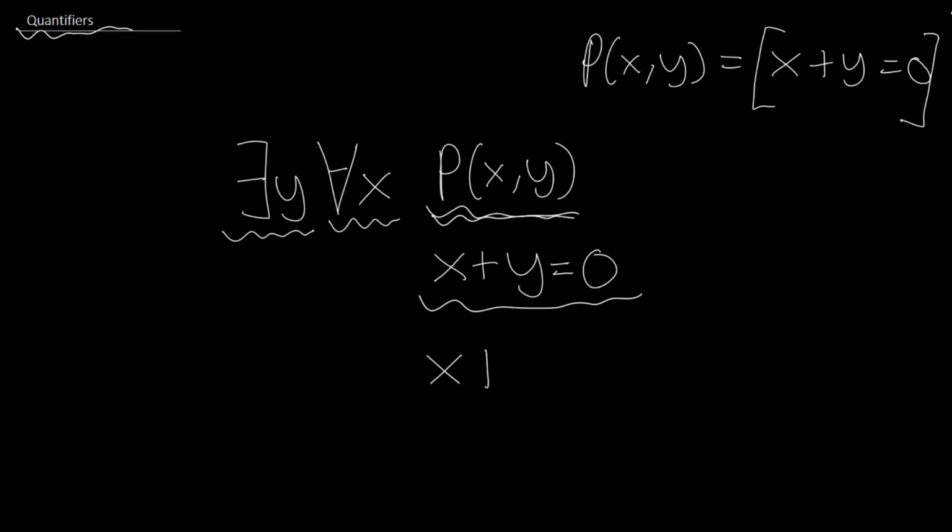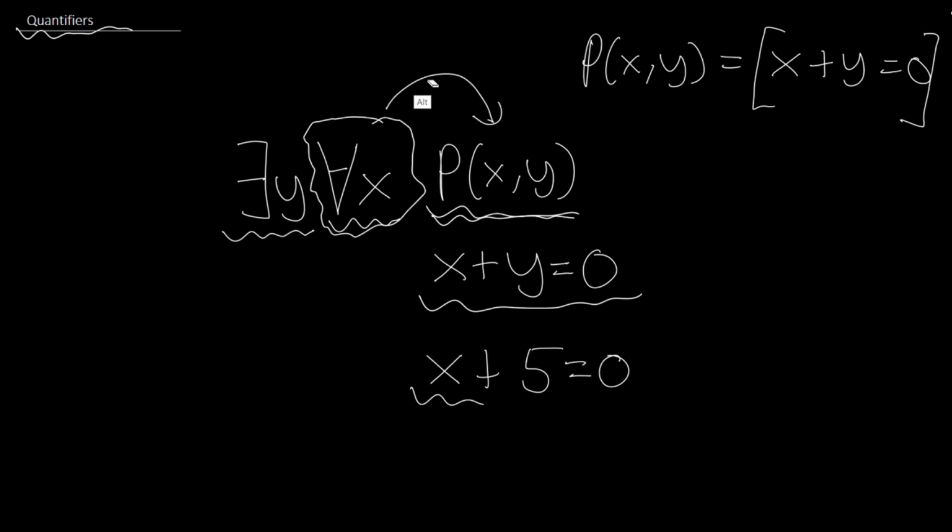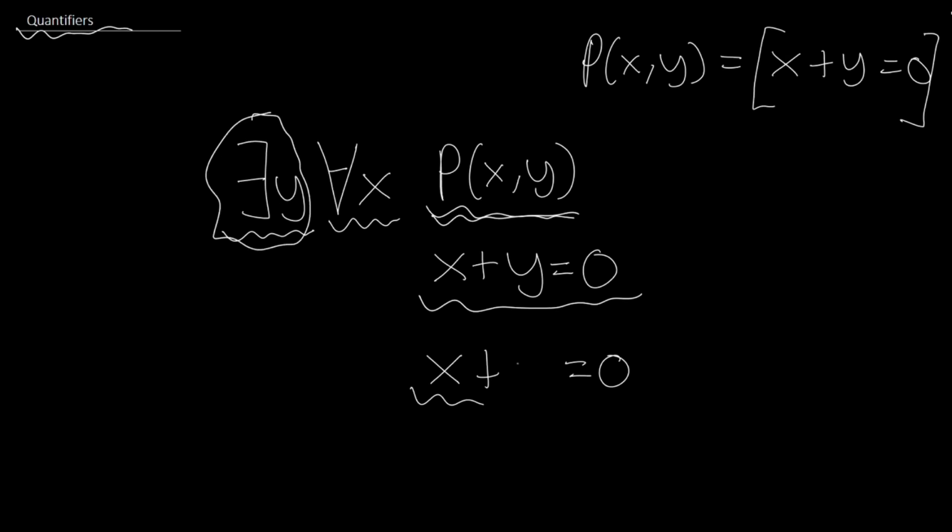Like, let's say we pick a y value like 5, then there's only one value of x that works, while this one asserts that all values of x should make the statement true. But it doesn't. Only one x value works. And, well, it's pretty obvious that you can't pick a specific y value to make this equation true.